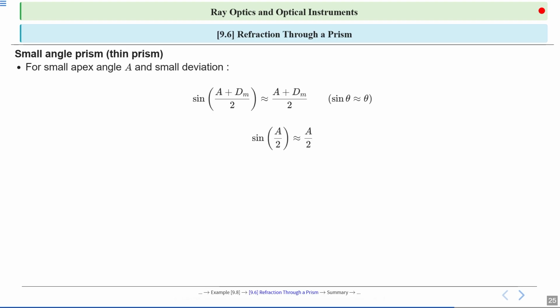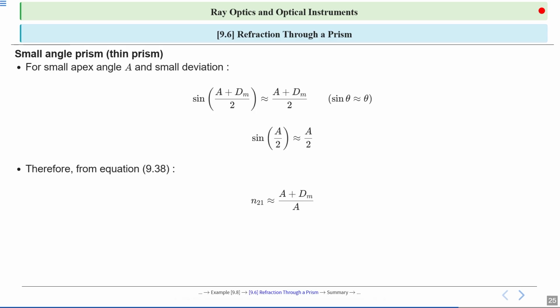Similarly, we approximate the sine of half the apex angle as half the angle itself. This step is crucial for deriving the relationship between the angle of deviation and the refractive index. Now, using these approximations, we can derive an important equation from our previous discussions. This equation relates the refractive index to the angles involved in the prism.